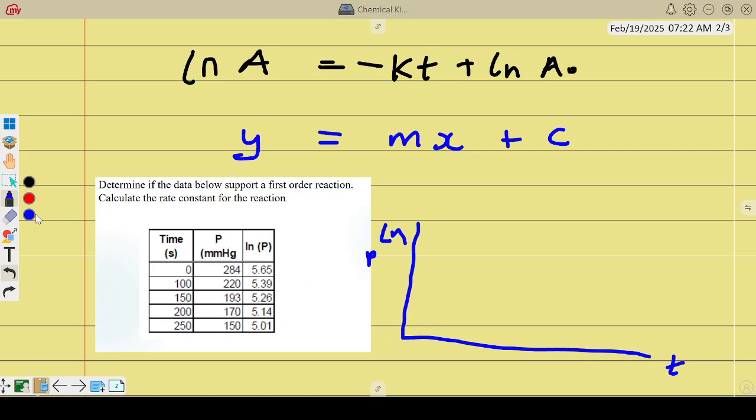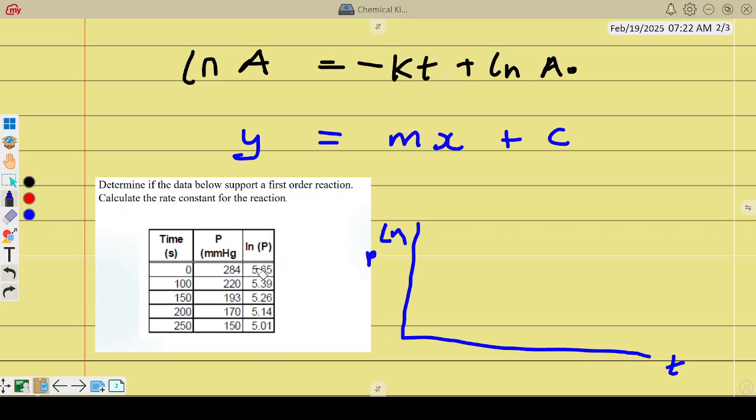So they can just give you a column, like they don't give you ln P. So they just give you time and P. So it will be your job, like you start punching ln 284, you put a value, ln 220 you put, ln 193, just like that. So you don't plot P, you have to put ln P.